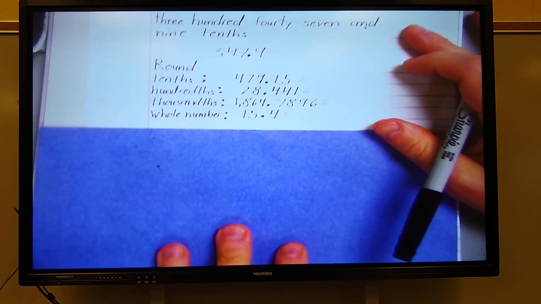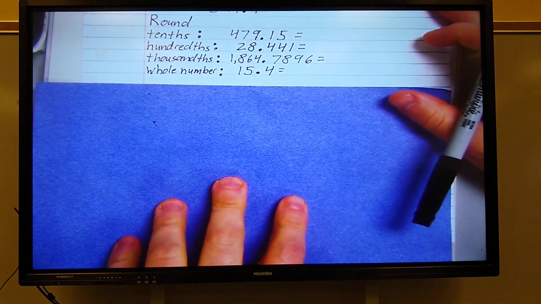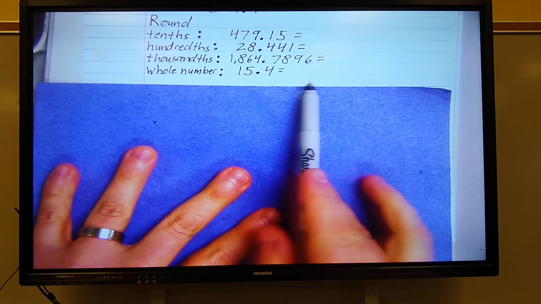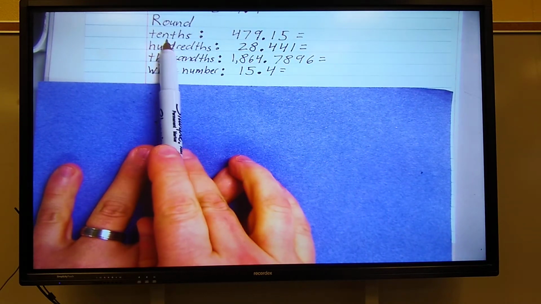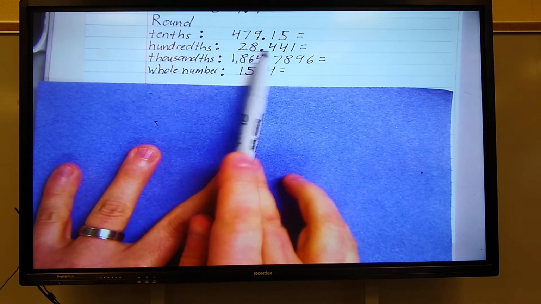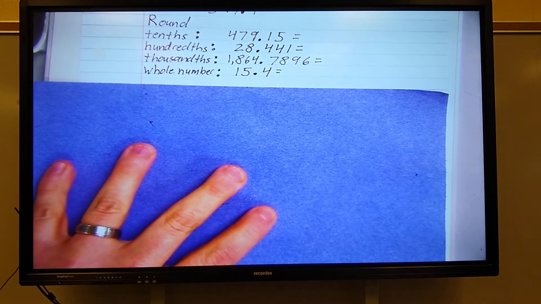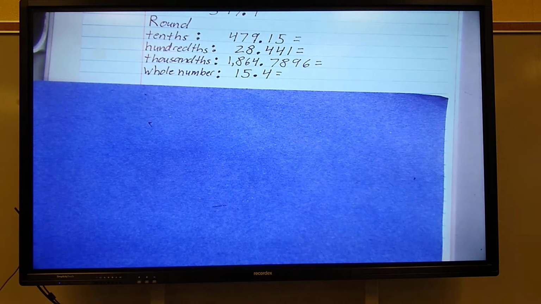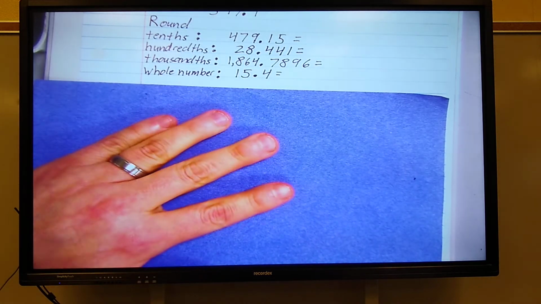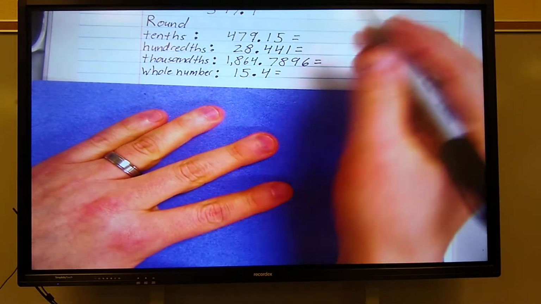Rounding review time. I want you to pause the video and round each number to the nearest tenth here, hundredth here, thousandth here, and whole number here. Do that. Pause the video. All right, let's see how good you did. Rounding to the nearest tenths.